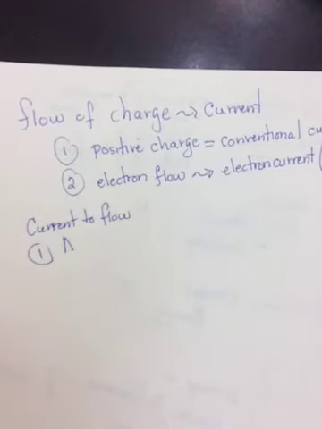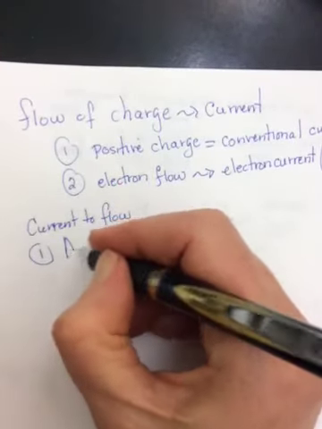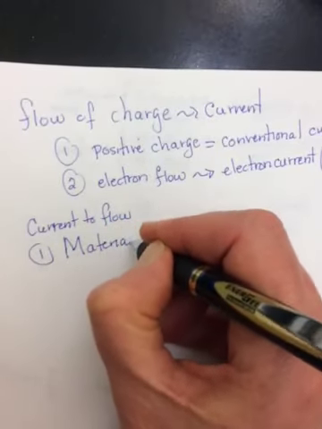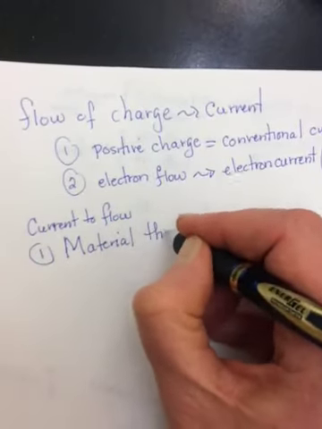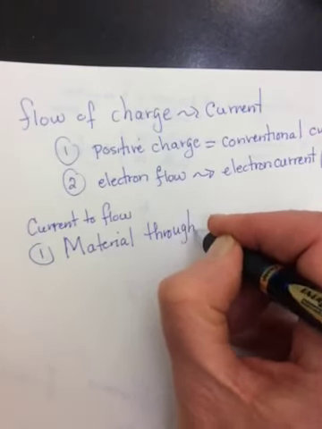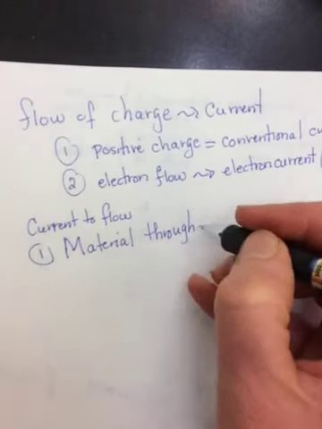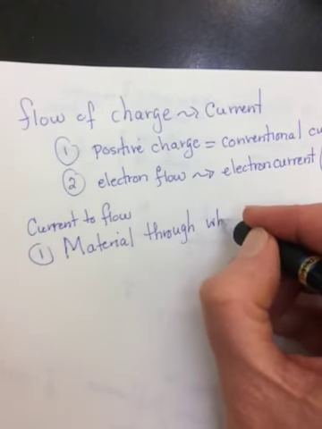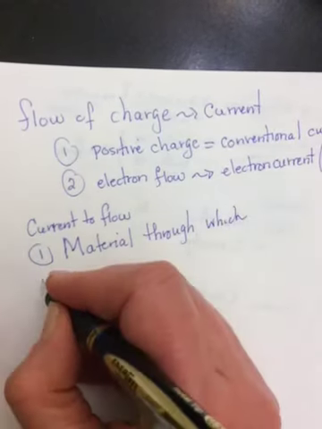Try for a second. Pause me and try. The first thing you need is material through which it will flow. So glass isn't great. Copper wire or any kind of metal wire is much better. So material through which it can flow.